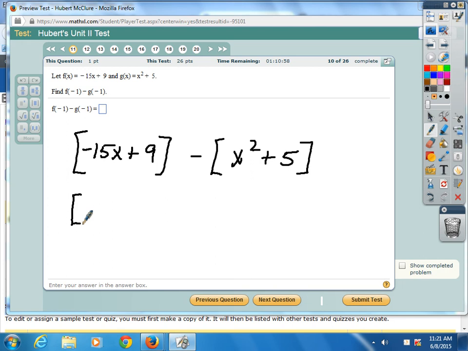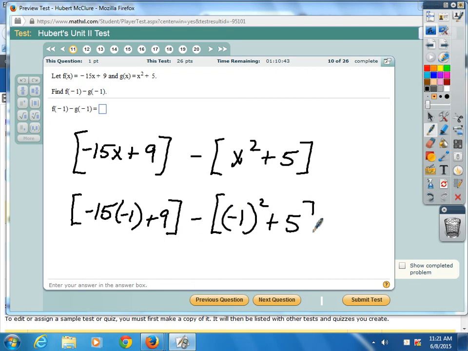So, negative 15 times negative 1 is positive 15, plus 9 is 24, minus g of negative 1, which is negative 1 squared.